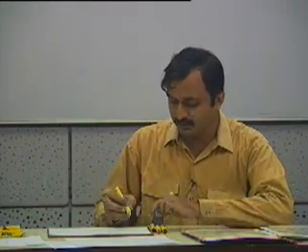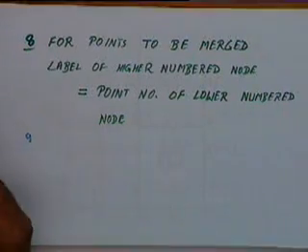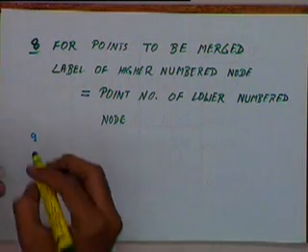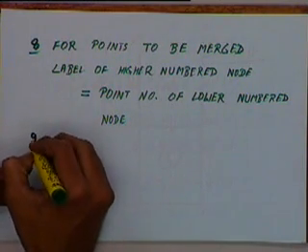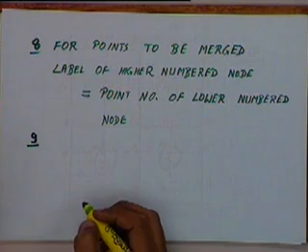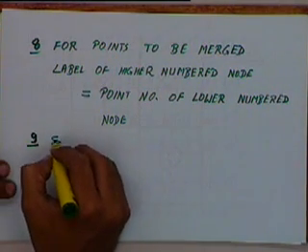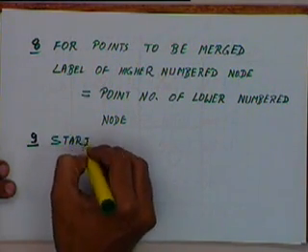Once this is done, we come to the main numbering loop. Now you start assigning node numbers.